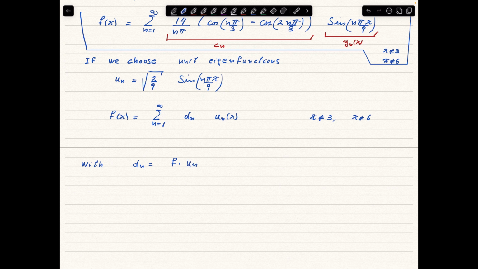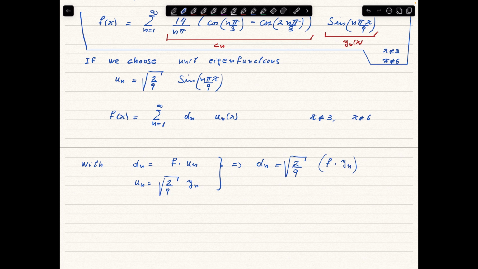Okay, but recall that un is just the square root of 2 over 9 times yn. These two things say that the coefficient dn that we need to put in the expansion is the square root of 2 divided by 9, all that coefficient, then f dot yn.